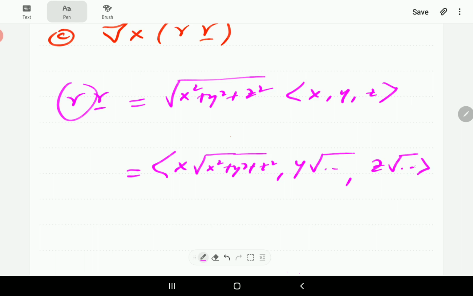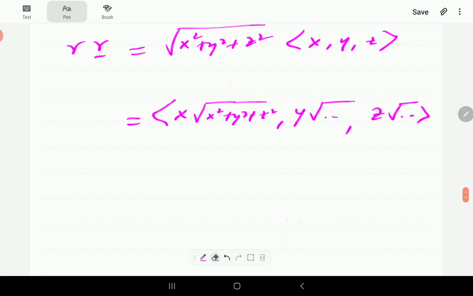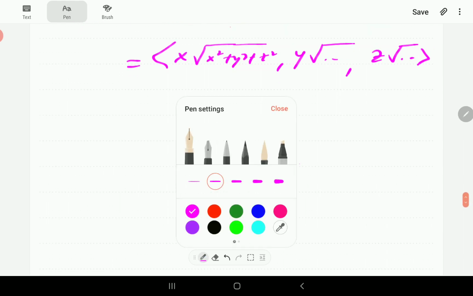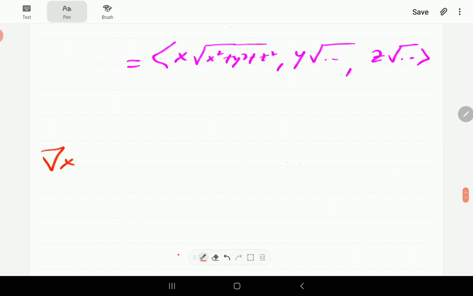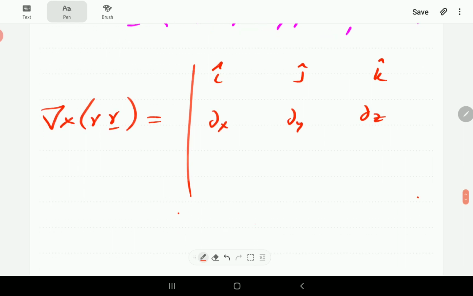So that is going to be this vector here, r times r. Now we want the curl of that. The curl is going to be the determinant with i, j, and k, partial derivative with respect to x, partial derivative with respect to y, partial derivative with respect to z.